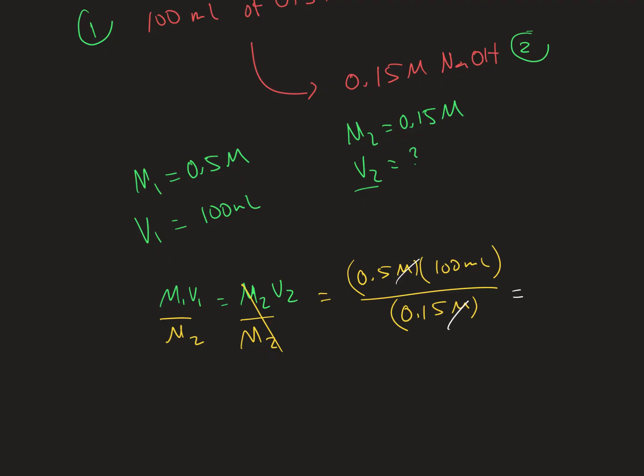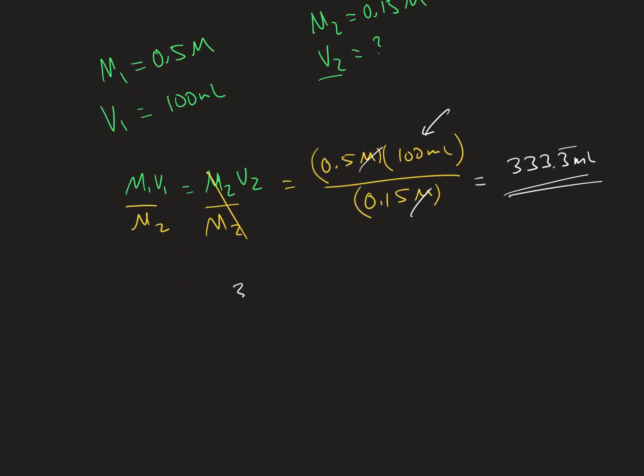We do the math, and we get 333.3 repeating milliliters. You follow? Okay. But that's not what it's asking for. It's asking for how much water do we add to the 100 milliliters. Well, this is what we end with. Does that make sense? So we do 333.3 repeating minus 100, and we get 233.3 repeating milliliters of water.